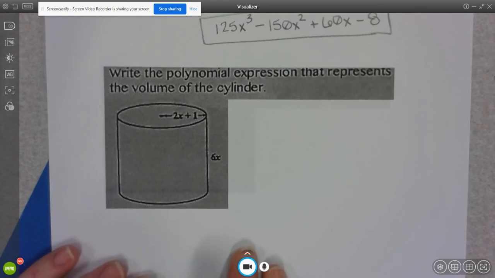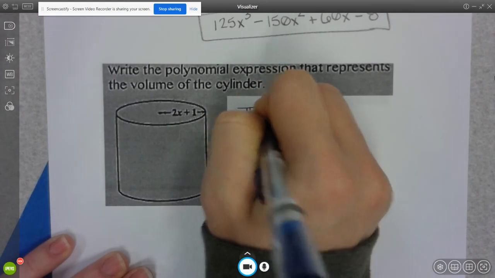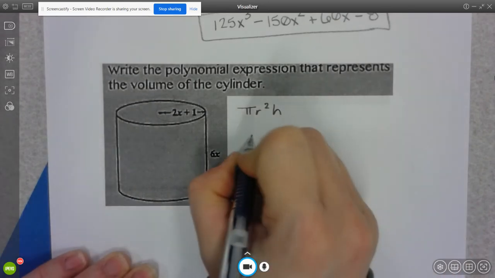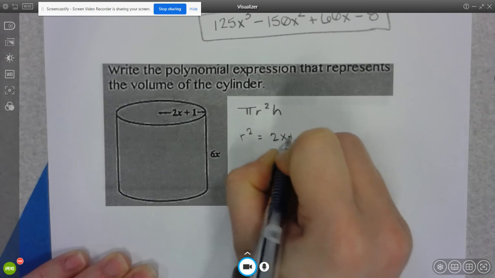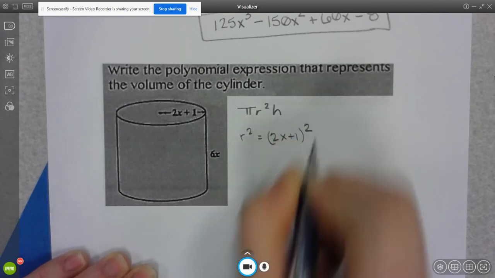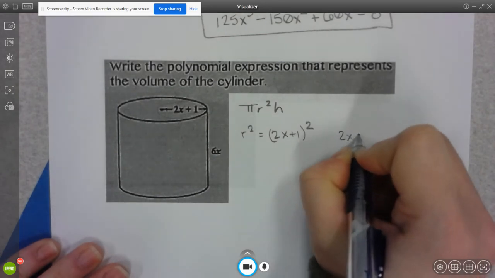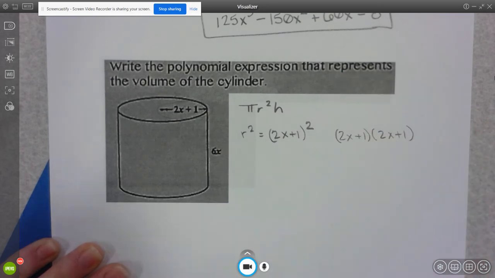We're going to do something similar here, except I'm doing a cylinder. So I need to use pi r squared h. So the first thing I need to do is square my radius. So r squared is going to be 2x plus 1, the quantity squared, which remember means I'm doing 2x plus 1 times 2x plus 1.